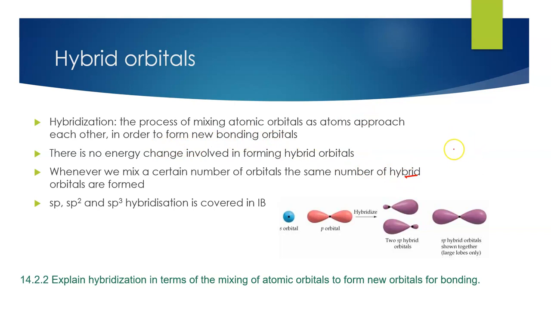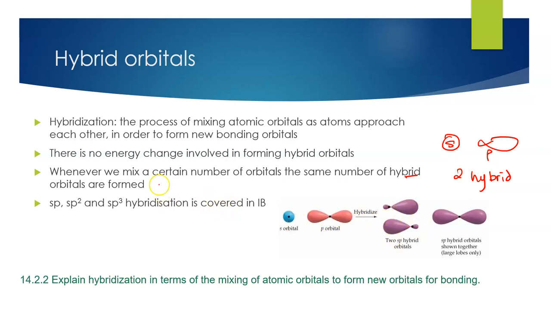That is, if I mix an s and a p, this is two orbitals mixing, so I will get two hybrid orbitals, which will be sp hybridized. And this is what we see here: an s and a p orbital coming together to form a sigma bond. We're going to form sp hybrid orbitals.